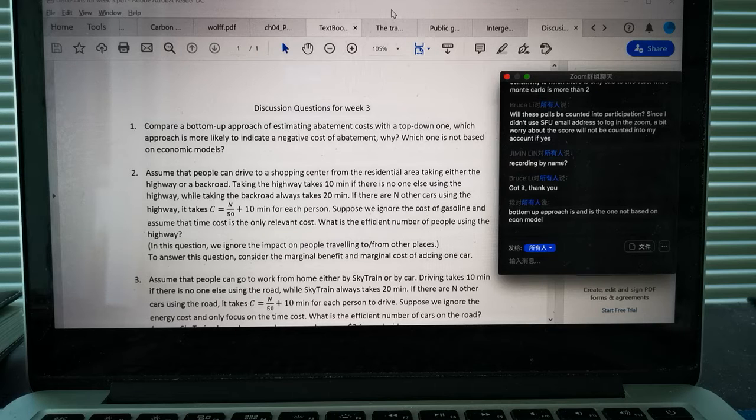Instead, because of government policies, because of preferences, and especially the fact that many of the potentials are in the developing world, and if people don't have the right incentive to use this technology, then actually we cannot always start with the lower cost options, and the cost will be higher. So a top-down method is more based on a general economic model.